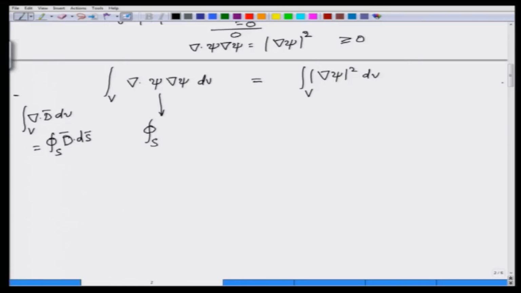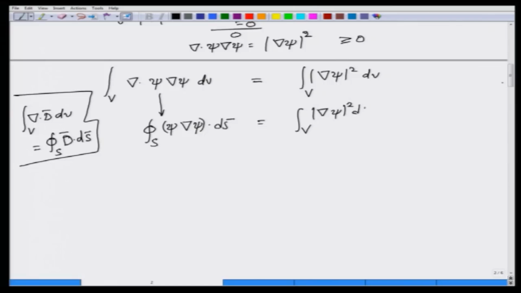So, this was the divergence theorem that we used, and using it on this quantity, I can replace the volume integral of the divergence of a quantity by a surface integral of that quantity. The right hand side does not change; it remains the same. So, I have del psi squared dV.